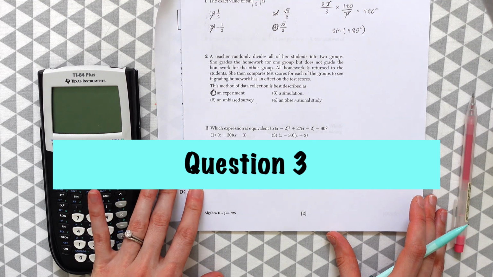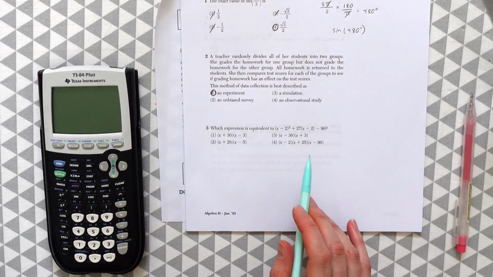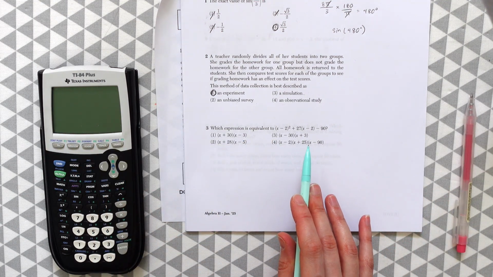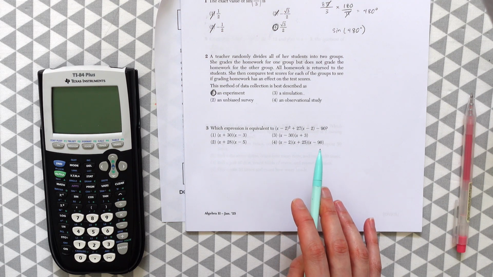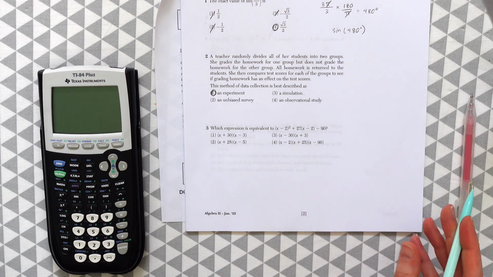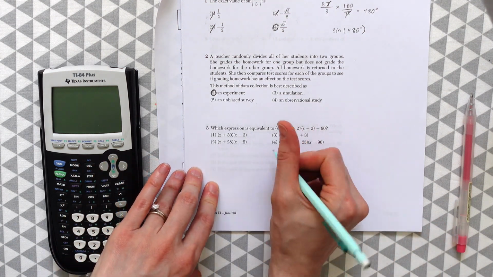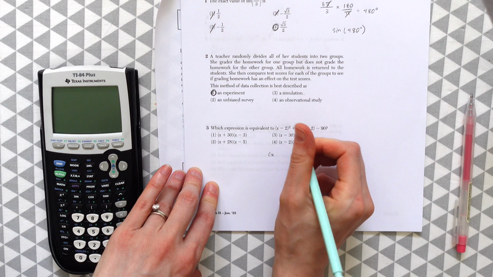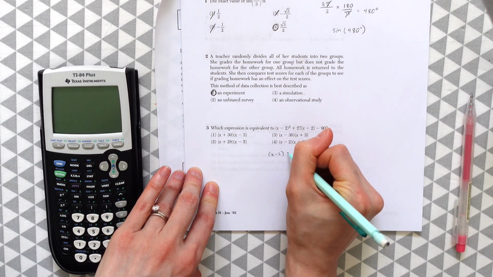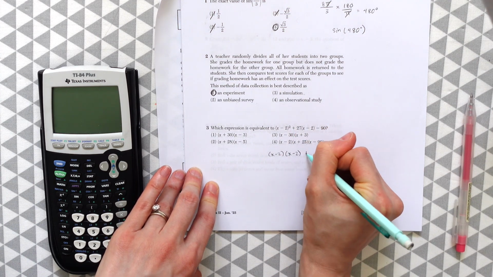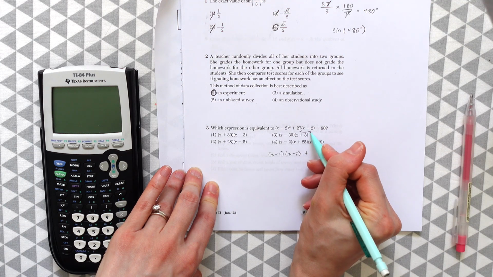Question number 3. Which expression is equivalent to x minus 2 squared plus 27 times x minus 2 minus 90? Here, we're just going to want to expand this out a little bit. So I'm going to bring this down and expand: x minus 2 times x minus 2 plus, and then here we can distribute this 27.